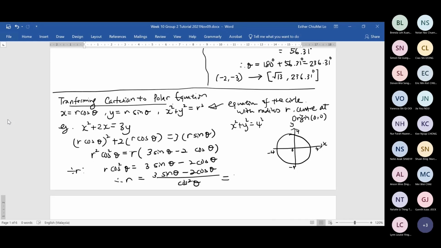So this part here you get 3 tangent theta secant theta, minus, now this one here you get 1 over cos, because you cancel. Just separate it, you might want to add another line. You can cancel, so here you get another secant theta.